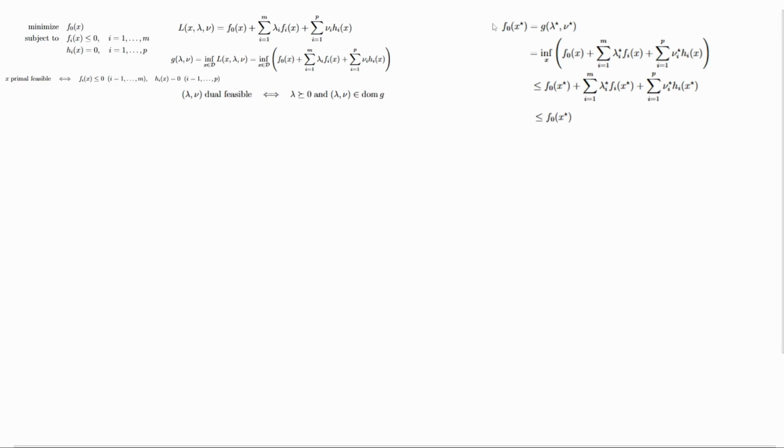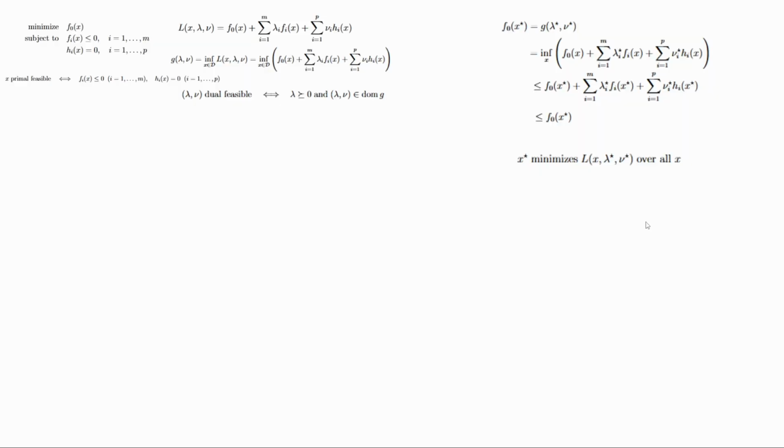But wait a second. We started at f_0 of x star and ended at f_0 of x star. So that means these inequalities should really be equalities. The whole thing is equal to each other. So that's really the trick. You can think of it as squeezing these two together, whatever's inside is squeezed together.